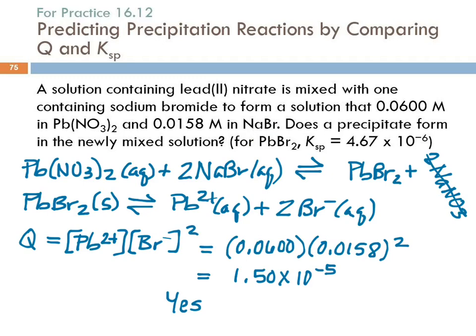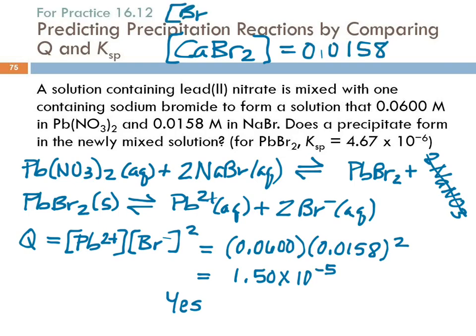If we had calcium bromide equal to 0.0158, then the bromide ion concentration would actually be 2 times that. And that's one of those little details it's very easy to miss on an exam, like when you're calculating the pH of calcium hydroxide. Any other questions?